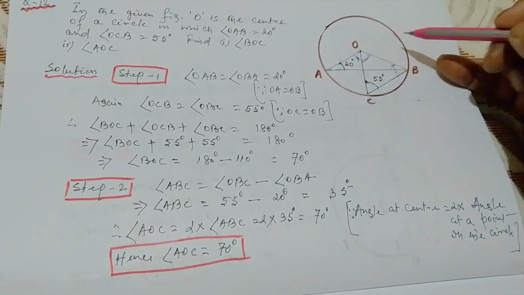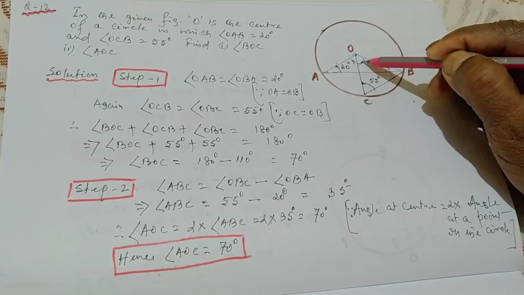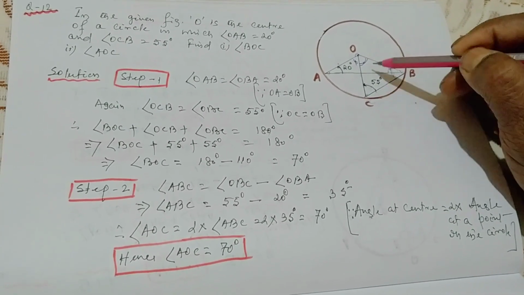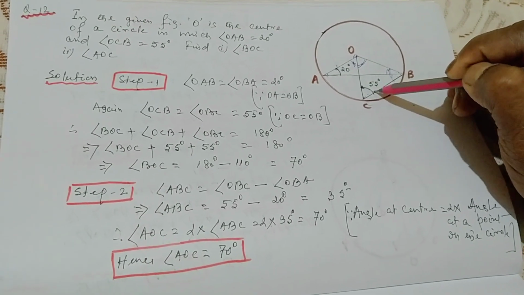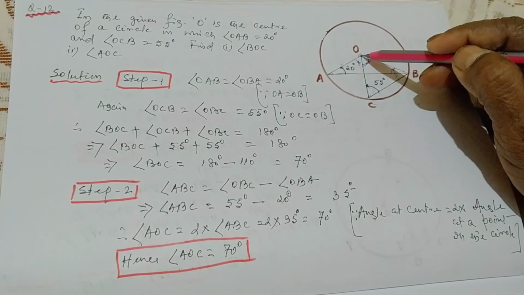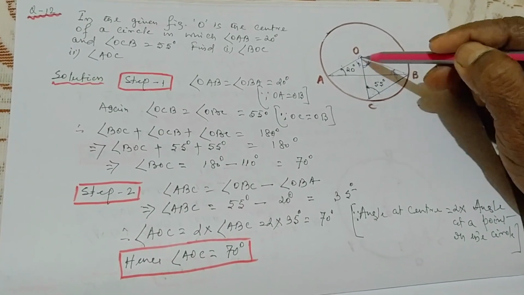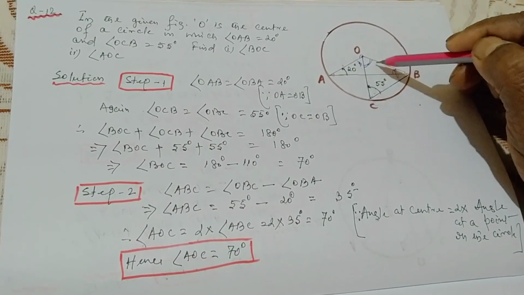Now angle BOC, this angle plus angle OCB, this angle plus angle OBC. In this triangle, the sum of the three angles is equal to 180 degree.